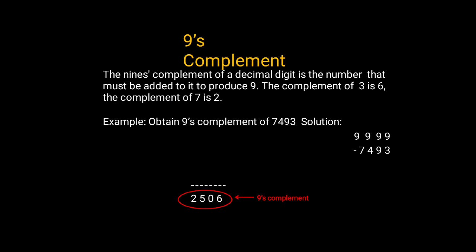Suppose you want to calculate the complement of 7. If we add 2 to that 7, then 2 is the ninth complement of 7. We only have to add such numbers to that digit to get a 9. So obtain the ninth complement of 7493.